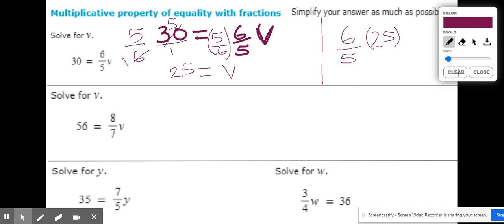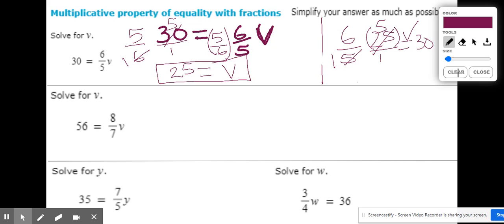What is that, like 150, I believe. I could do 150 divided by 5, but I don't really want to. So I'm going to reduce this first, okay? 5 divides into itself once, 5 divides into 25 5 times, and 6 times 5 is 30. So it works. I get exactly what I wanted. 25 is equal to v, v is equal to 25, however you want to say it.